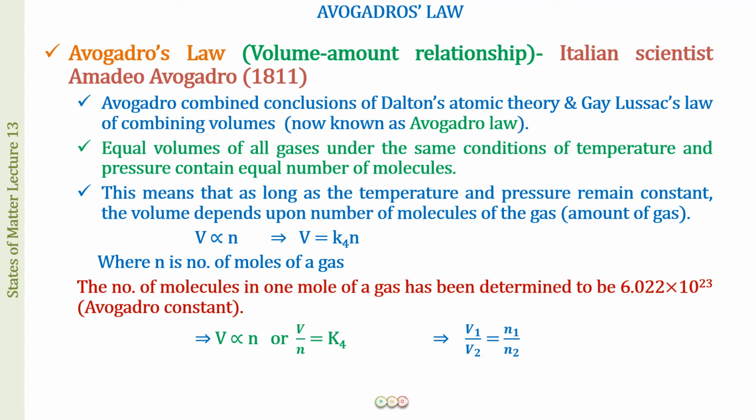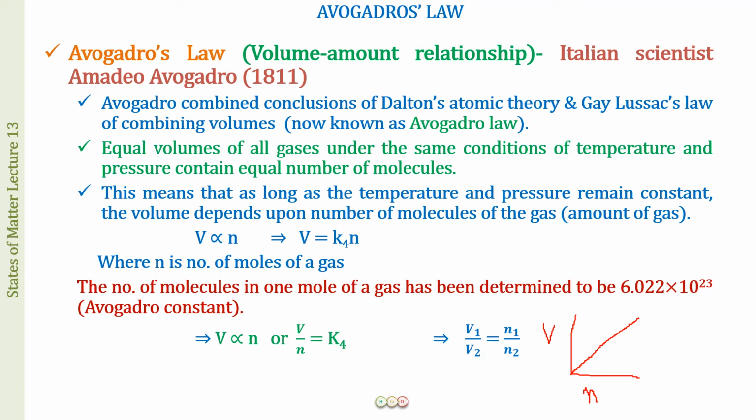So if I have to draw it, when I take the amount of the gas on the x-axis and the volume on the y-axis, what I am going to get is that V is directly proportional to N. So this is the graph that we will be getting, right? If there are any other variations, I hope you can now handle them, because we have done all this in great detail.